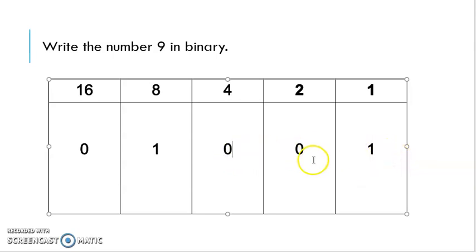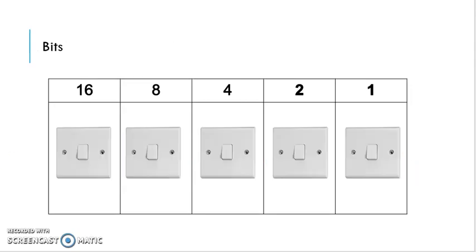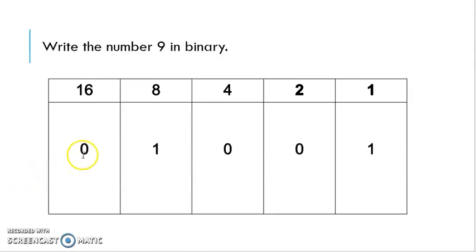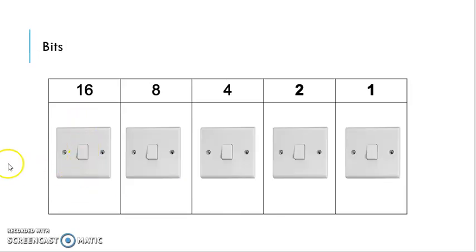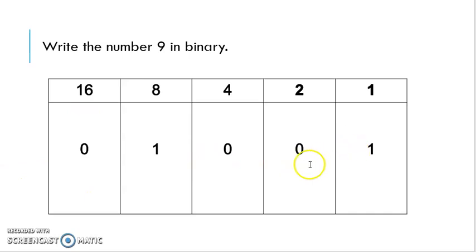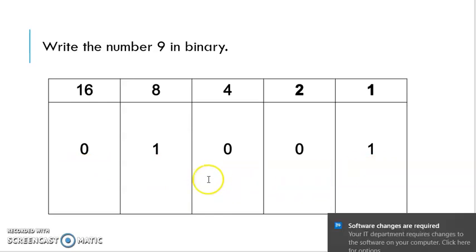So I've got 1, 0, 0, 1, 0, remembering that these numbers are representing the position of these switches. So we're saying on, off, off, on, off. Or as a computer scientist would say, true, false, false, true, false.